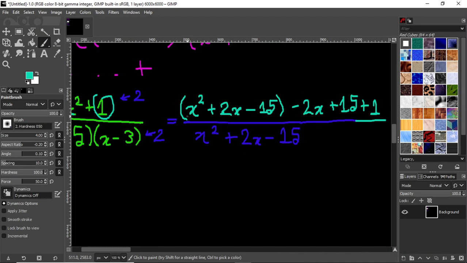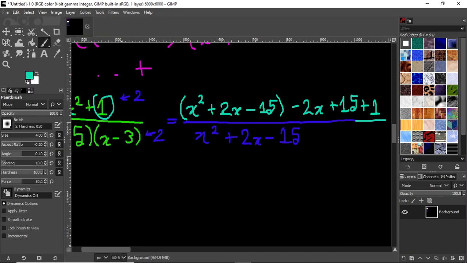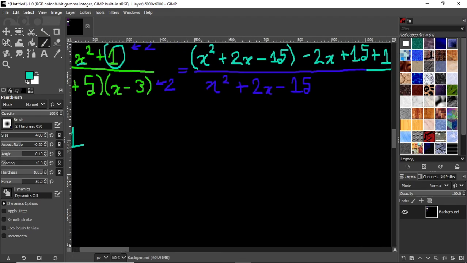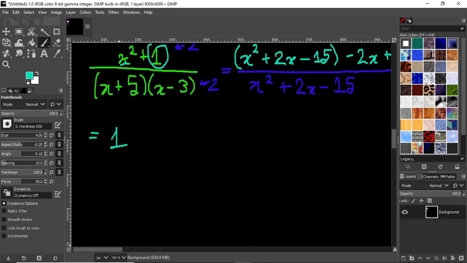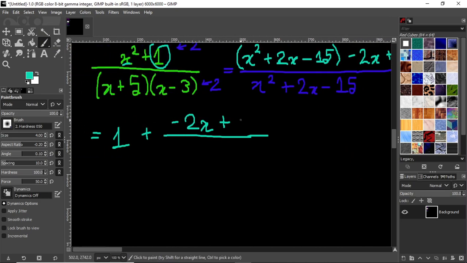If I separate these two fractions, this part is going to cancel out with the denominator, so what I get is here 1, plus, minus 2x plus, we have 15 plus 1, 16, over x.